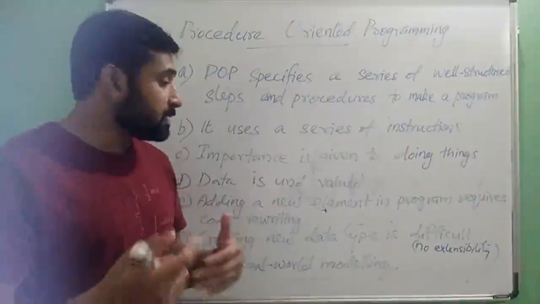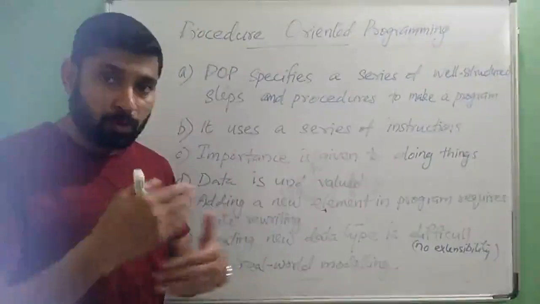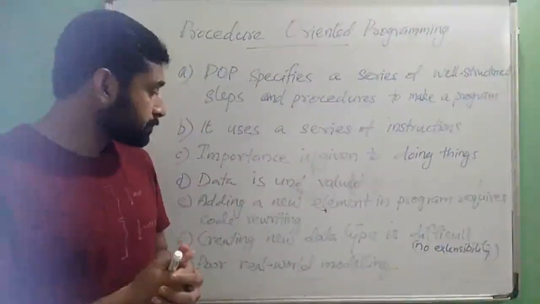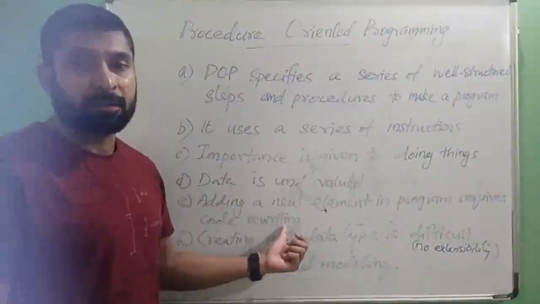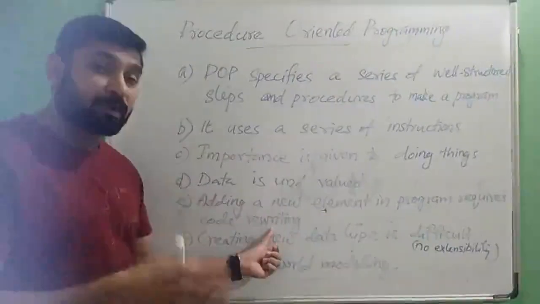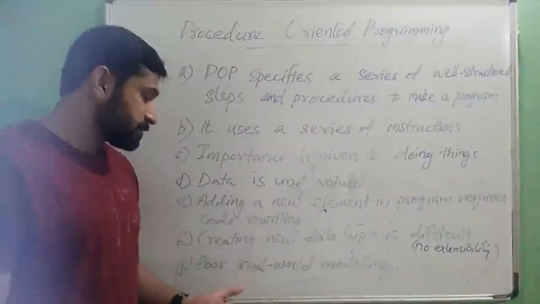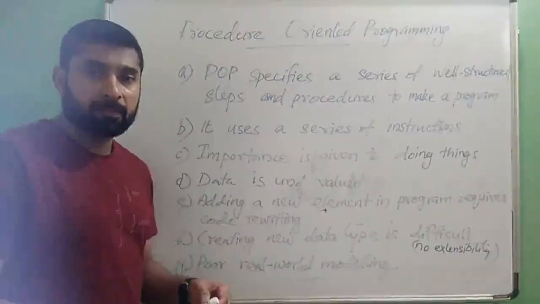Adding a new data type is difficult. Adding a new element or a new variable in the program will require program rewriting for proper working after such alterations, and it has poor real-world modeling.